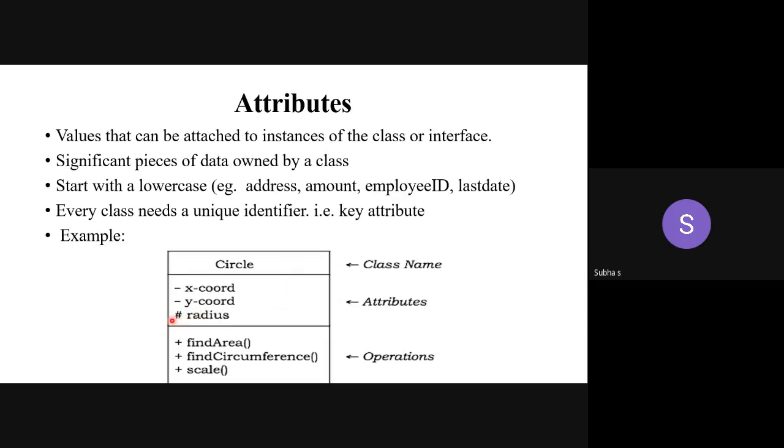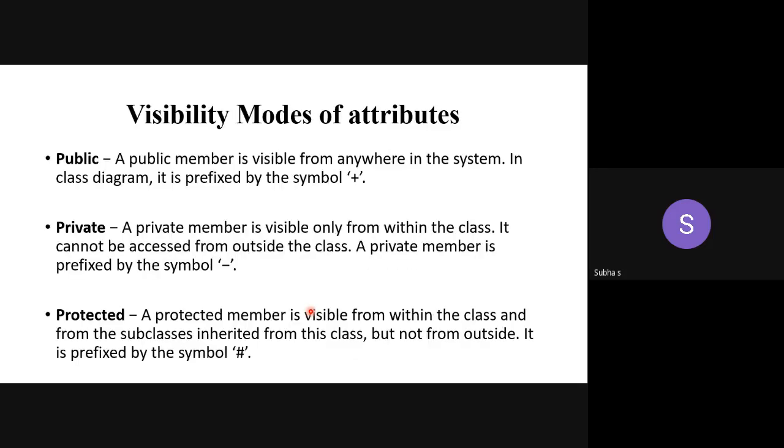So here, this radius is given as protected. That means if I am going to derive 2 or 3 classes for this circle class, I can make use of the radius. That is the meaning. So these are the visibility modes, or in other words, access specifiers.